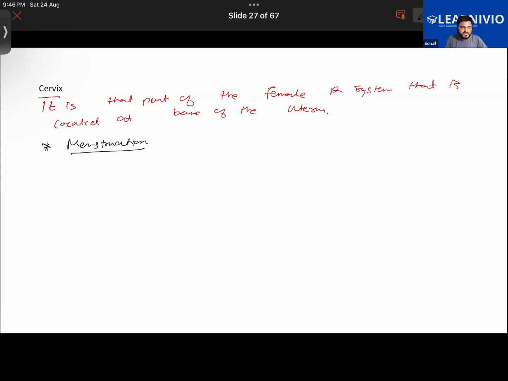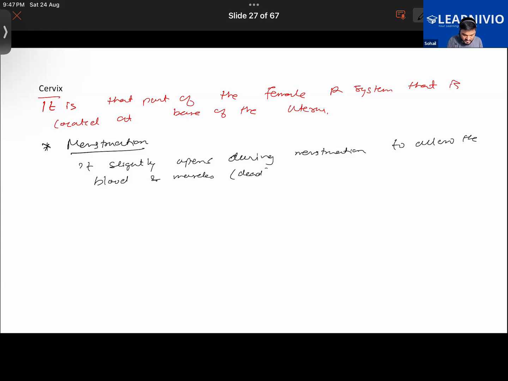Talking about menstruation, the role of the cervix would be that it slightly opens during menstruation to allow the blood and dead cells to pass through it.